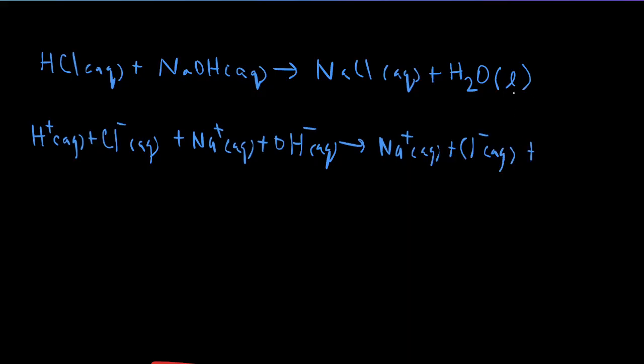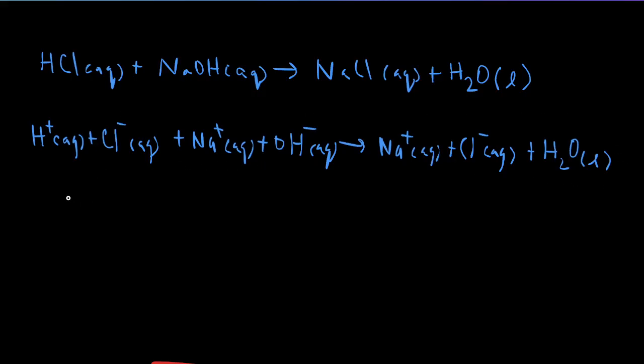And here our water, our H2O, is in the liquid phase, which means that we do not break it up into ions. And so we get this to be our total ionic equation. So if you were asked to write out the total ionic equation, you would just leave your answer like this.